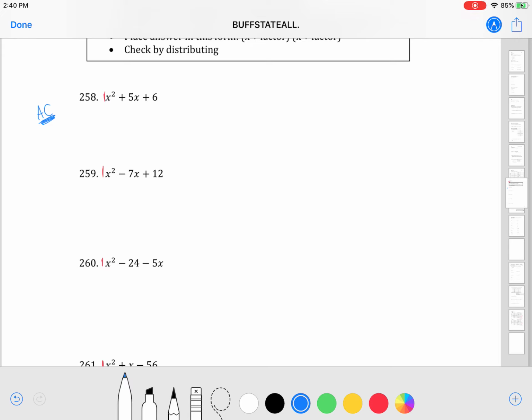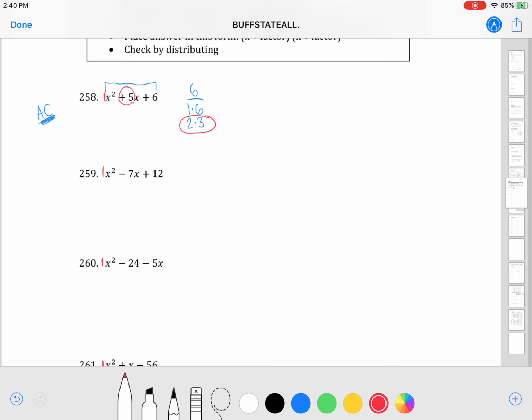So using the exact same process we just learned before, A times C is 6. My factors of 6 are 1 times 6 and 2 times 3. I need, just like I did in the last page, to pick the pair that also adds to positive 5. Easy peasy. It's 2 and 3.